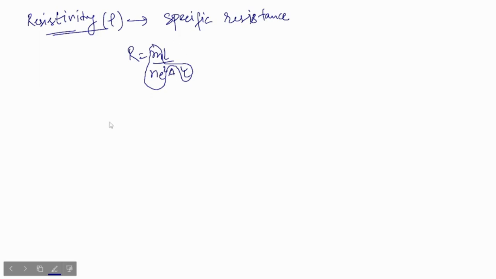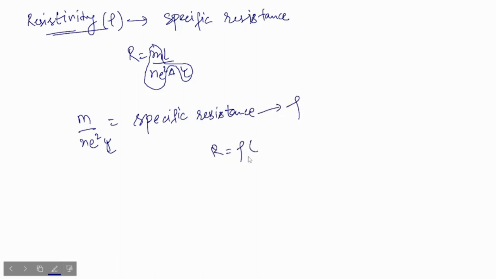This is your specific resistance, and you can substitute it by rho. So R will be rho L upon A. This is the relation between resistance and specific resistance, or resistivity.